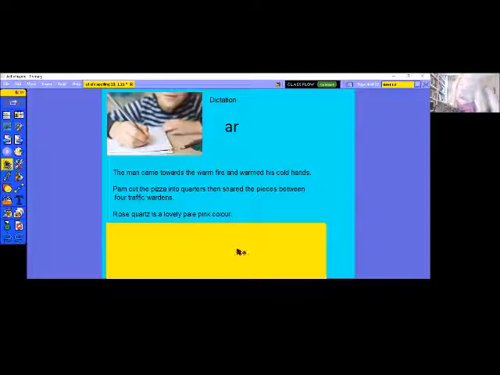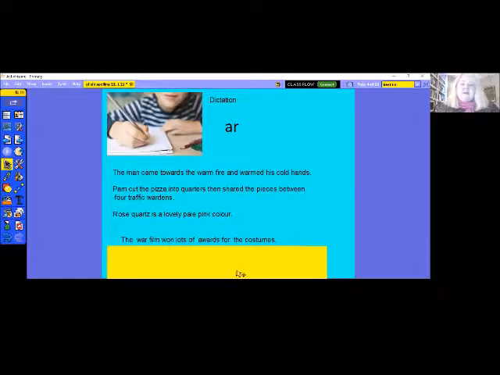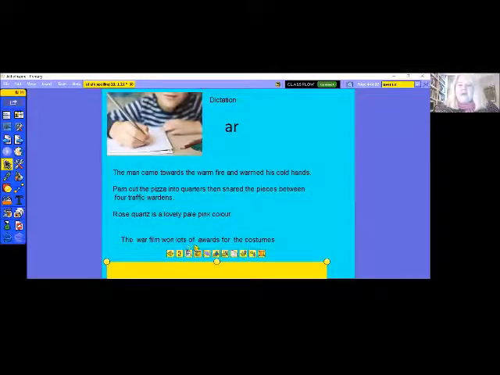And finally, the war film won lots of awards for the costumes. There we are. The war film won lots of awards for the costumes.